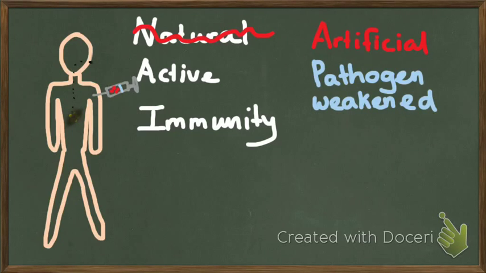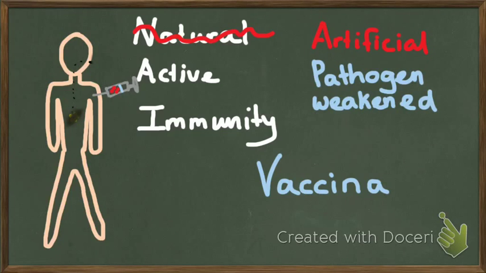They inject you with a weakened pathogen. Often it's a weaker strain, or they chop it up in parts, so you can fight it off more easily, and it doesn't reproduce that quickly, etc. It's a weak pathogen, so you can fight it off easily.